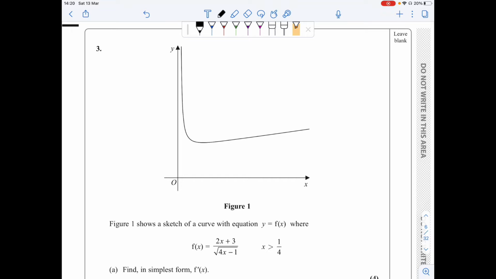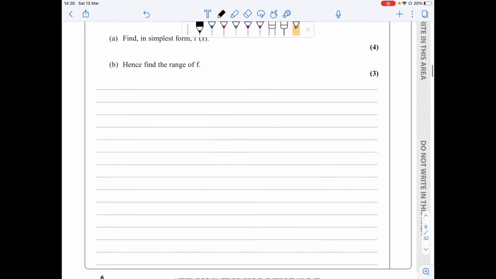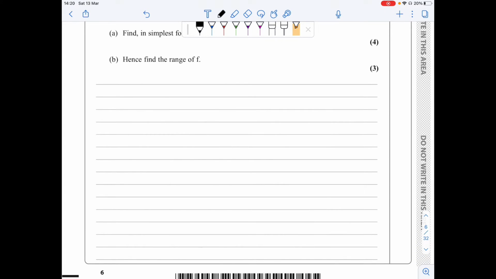In this question, I'm given a curve and I'm also given the equation. I need to find in the simplest form the derivative. Note, this is a ratio of 2 functions. I'm going to use the quotient rule that says f dash of x equals (vu dash minus uv dash) over v squared.